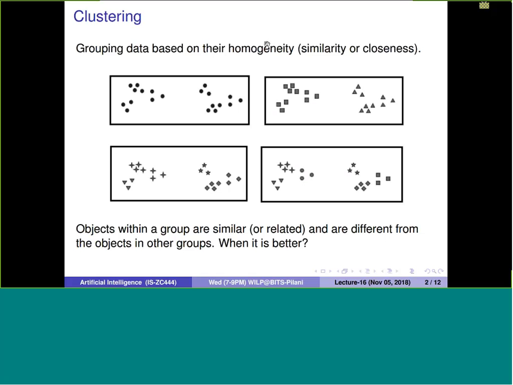We want fewer clusters than data items, and clustering is a way by which we can summarize the data. If we find two clusters, we can use their representatives to represent all the data using only two data items.